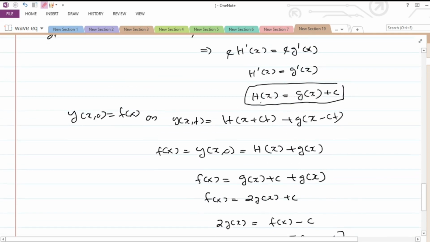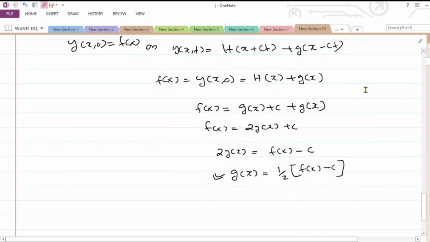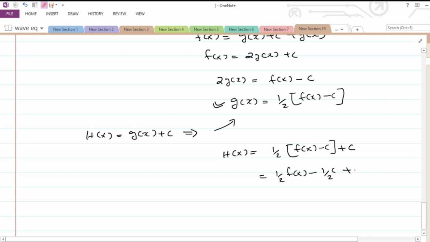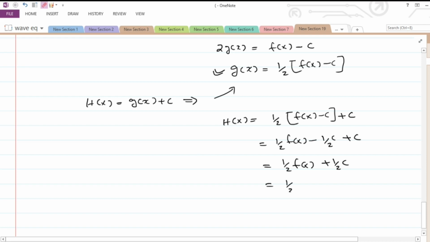We already have h(x) is equal to g(x) plus c, so h(x) is equal to 1/2 f(x) minus 1/2 c plus c, which is 1/2 f(x) plus 1/2 c. Taking 1/2 outside, it is equal to 1/2 times (f(x) plus c).